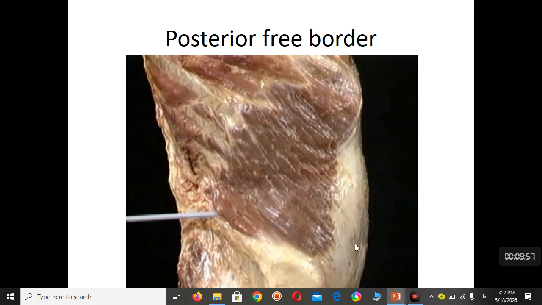Here is its aponeurosis, and here is another part of the aponeurosis. Here is the iliac crest. What is the insertion of this muscle?